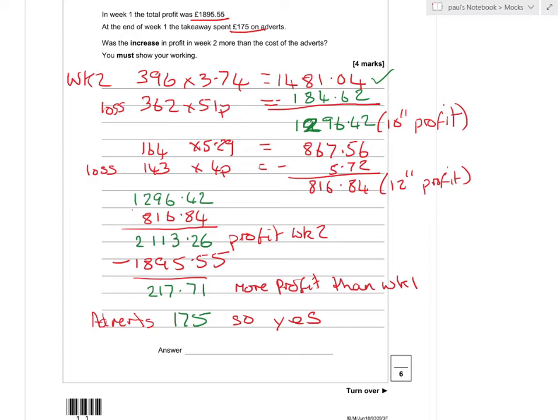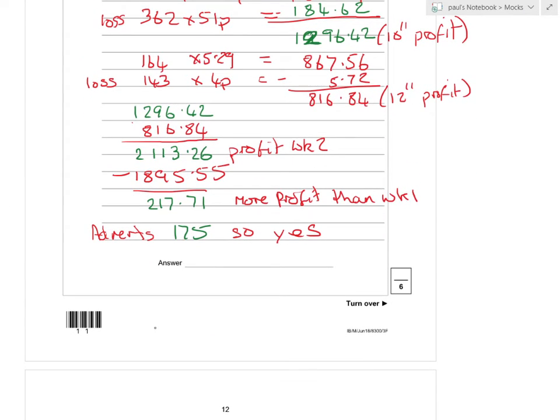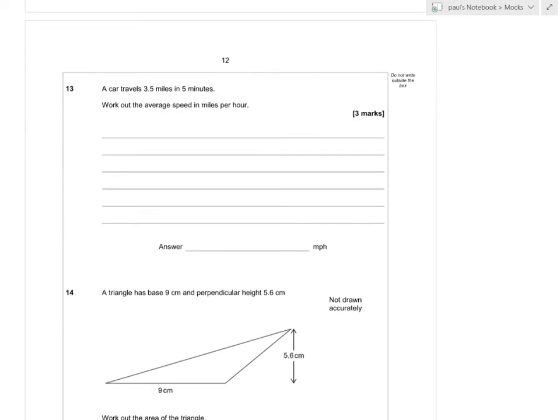Maybe they've done it a different way. 217.71. Total profit week 2. Can't see how that is wrong. I'm taking too much time on this one. So you do yes. So I've got all those numbers right. They've just done it a different way. Oh, let me know. Make a comment. Yeah, this was too long, this question. Sort of got fed up with it by the time I got to the end.